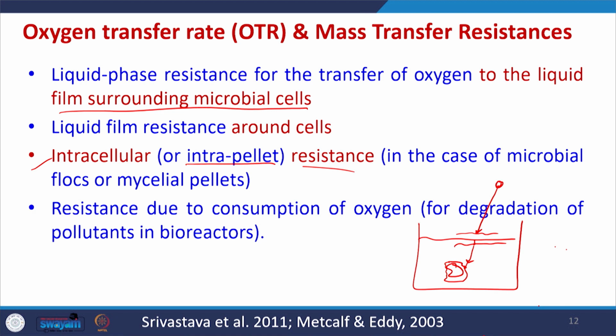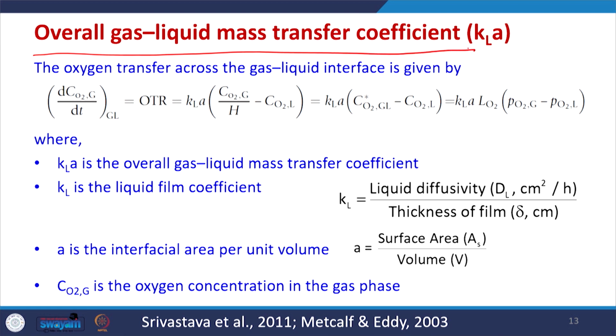Overall we have a lot of mass transfer resistances, but we want to combine them together. So, there is a term which is called the overall gas liquid mass transfer coefficient, KLA. We try to use this KLA term for overall resistances.